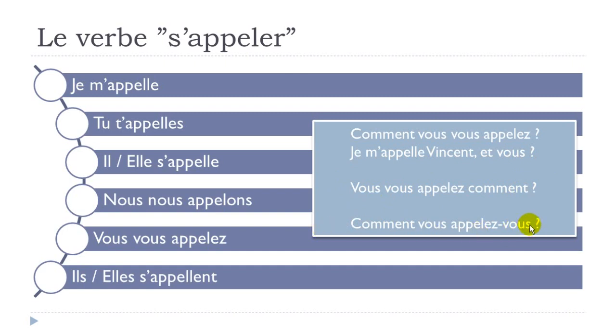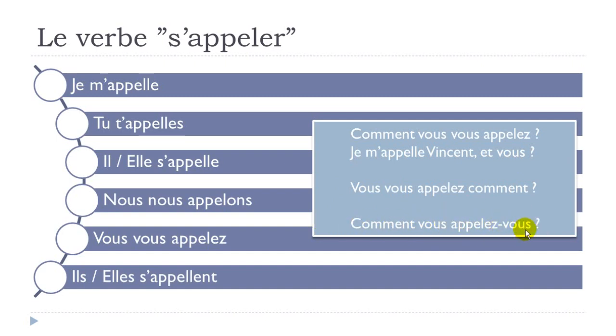And the last one is the more correct form. First you should start with comment, how, and then, as in many languages, you change the order of the structure of the sentence a little bit. Vous appelez vous.